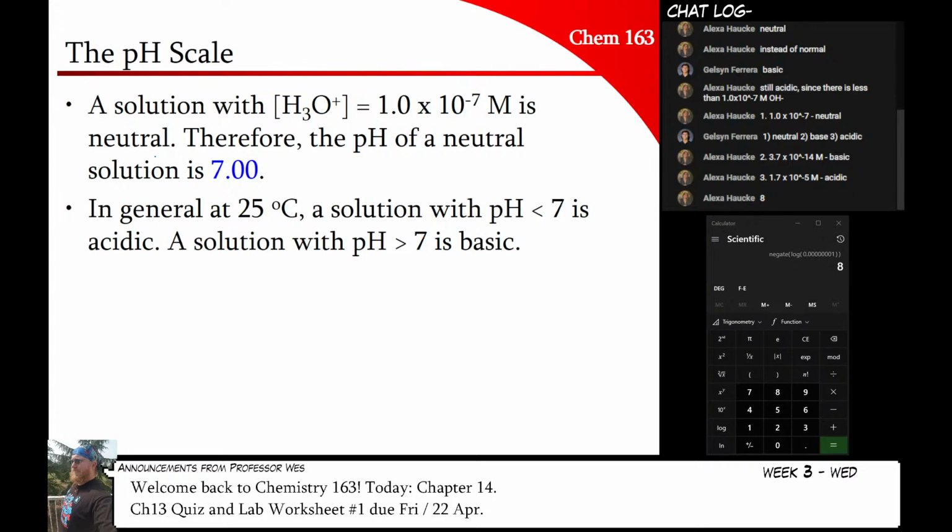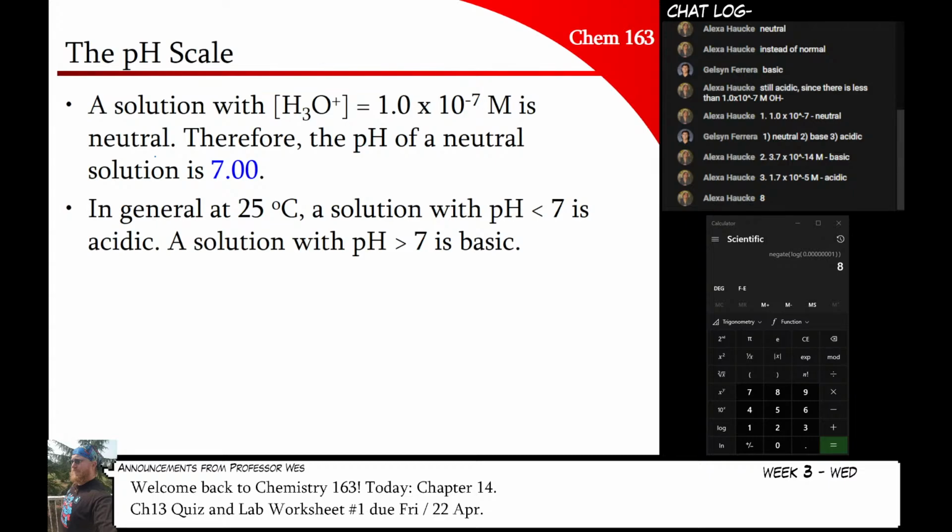Now, at different temperatures, these numbers do shift around a little bit because remember that equilibrium constants change based on concentrations and temperature. The autoionization of water is endothermic. You have to heat it up to get water to react more.